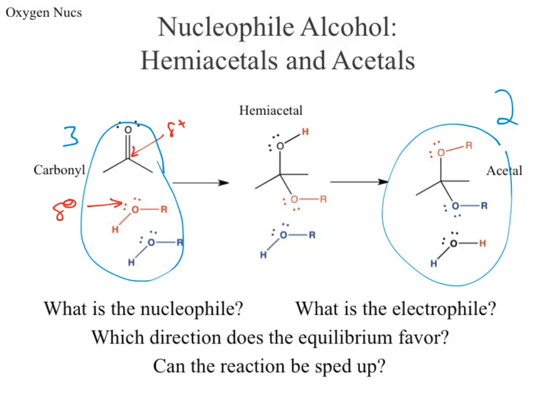It'll backfill according to Le Chatelier's principle. Okay, so we can start to favor the formation of that acetal product by removing one of the products, which can now start to push and continue to give us more and more of our product, and we can get that conversion to occur, even though the equilibrium is disfavored. Okay, so that's kind of nice.